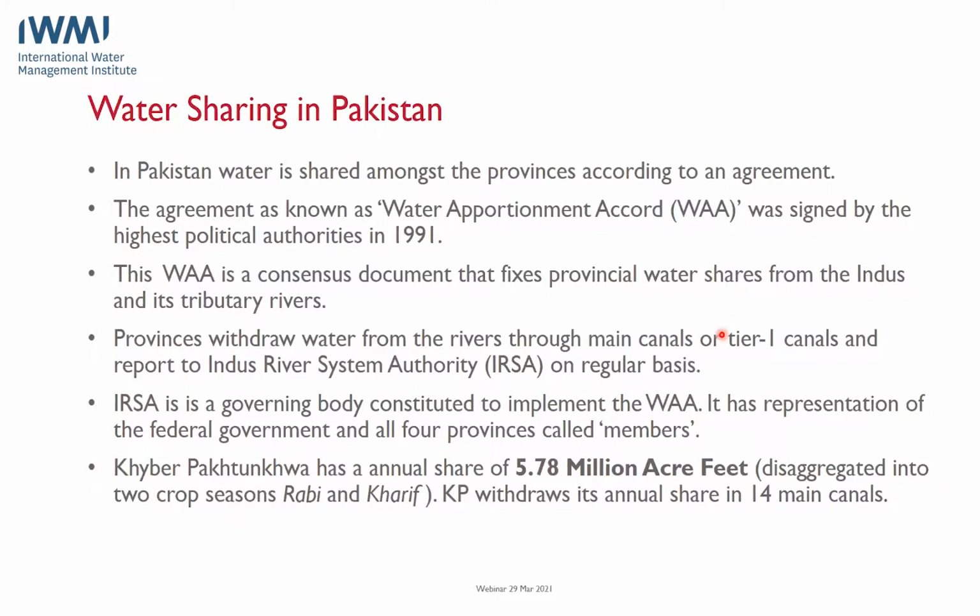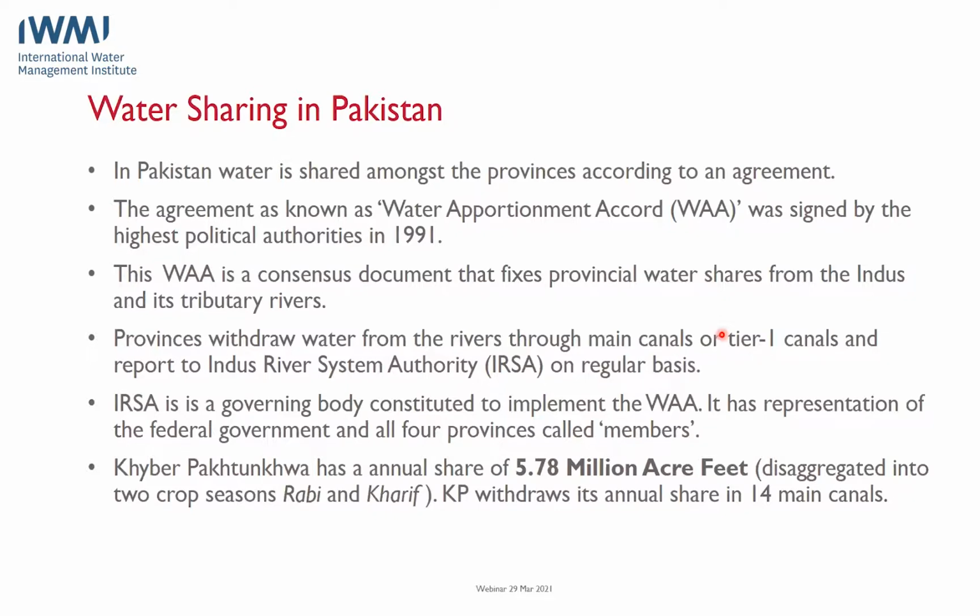IRSA, the Indus River System Authority, is a governing body which has representation from all 4 provinces and the federal government. It distributes water on an annual basis, disaggregated into 2 seasons, the 2 crop seasons, Rabi and Kharif, i.e. the winter and summer crops in Pakistan.